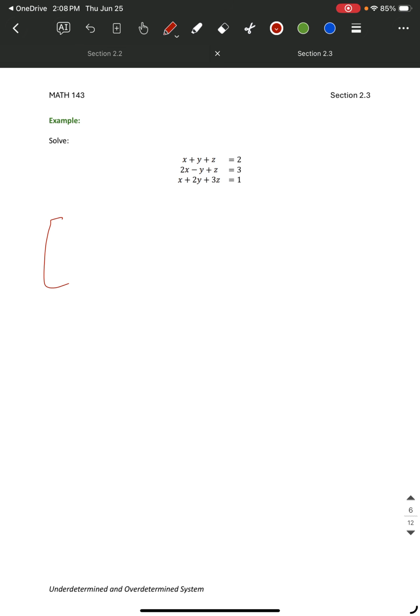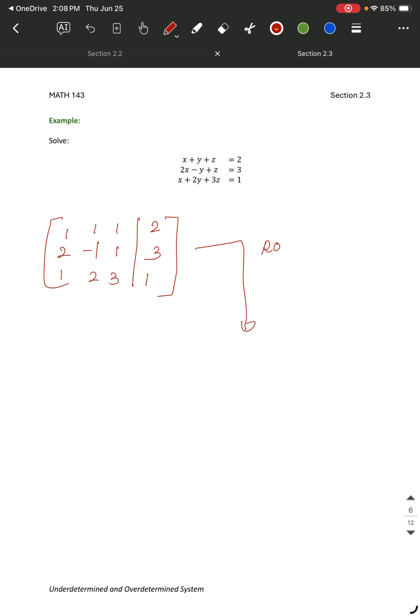Write down the augmented matrix: 1, 1, 1, 2; 2, negative 1, 1, 3; 1, 2, 3, 1. Okay, pause the video again and do the operations until you get the RREF.